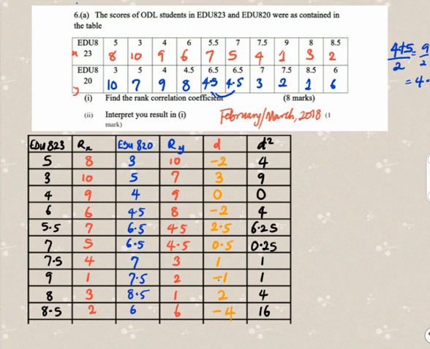All right. Before we continue, let's quickly have a formula for calculating the Spearman rank correlation.